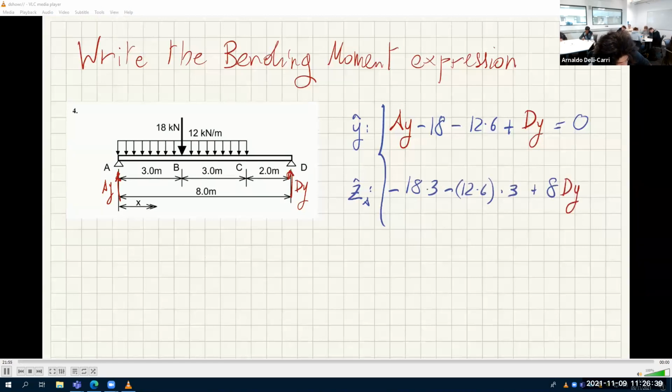And that's also equal to 0, because this is in equilibrium. Now, can you please tell me how much is DY and how much is AY? DY will be in kilonewtons, of course, and AY will be in kilonewtons. We are using kilonewtons and meters.